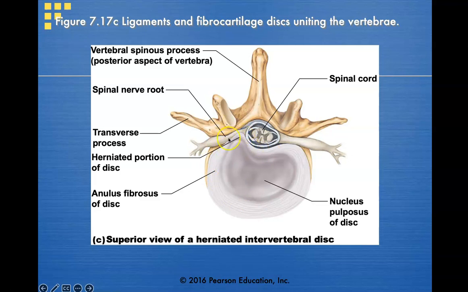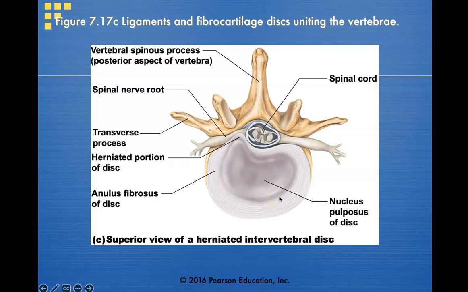Oftentimes you have a weak point in the fibrocartilage here, and it can push on your spinal nerves that we'll talk about, coming out of that intervertebral foramen here. Obviously this would be both painful and also debilitating because you're compressing these spinal nerves, and some of those spinal nerves could be involved with your ability to walk and things like that. So that's what happens in a herniated disc.